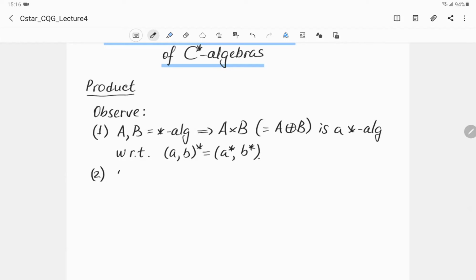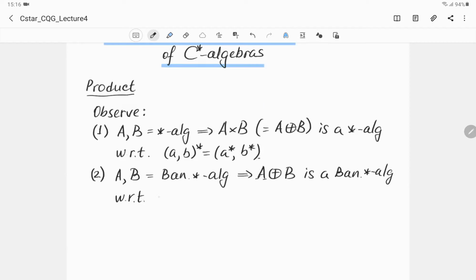Second, if A and B are Banach star algebras, then their product or their sum is also a Banach star algebra with respect to the following norm: the norm of each pair (a, b) is the maximum of the norms of a and b.